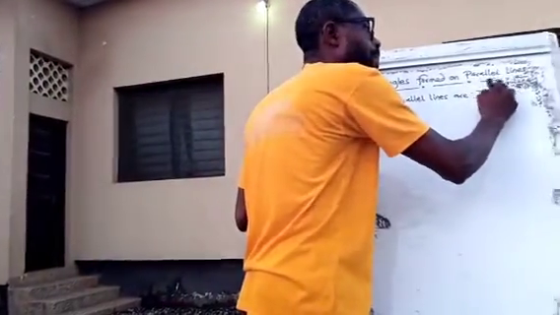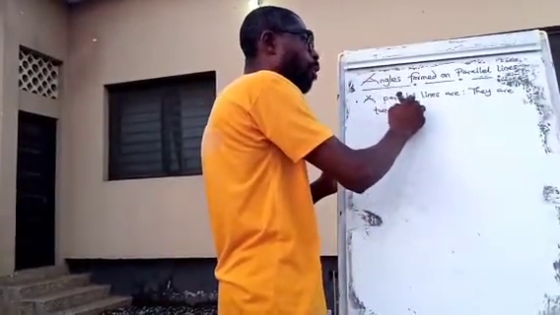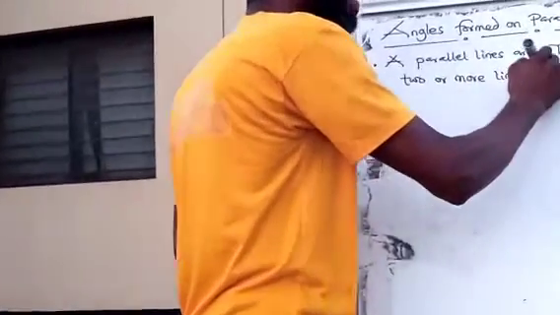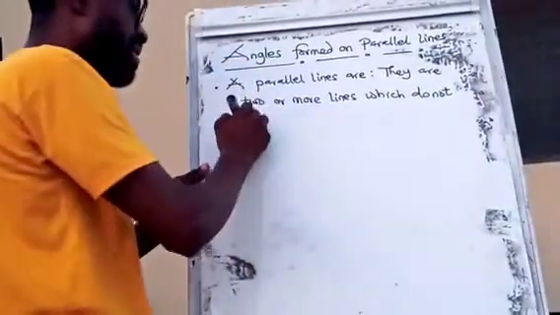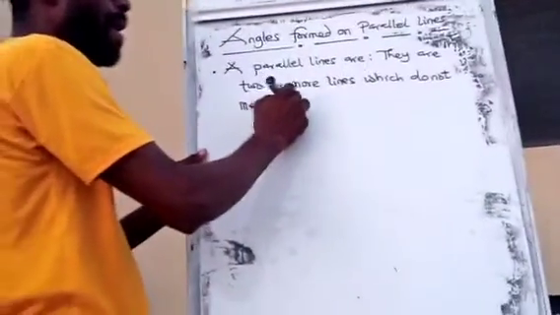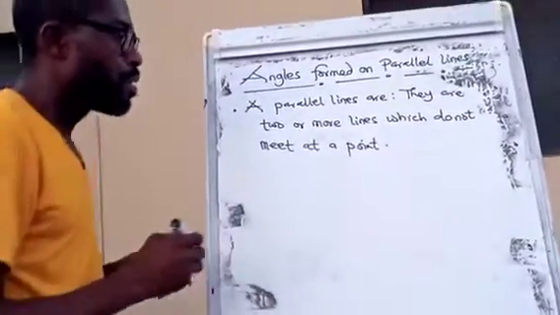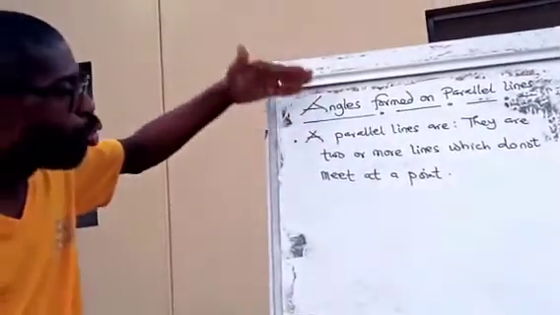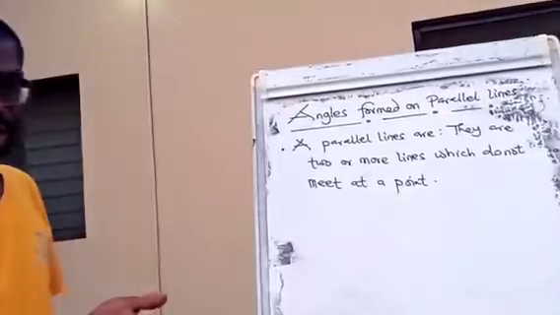They are two or more lines which do not meet at a point. So basically, parallel lines are two or more lines which do not meet at a point.